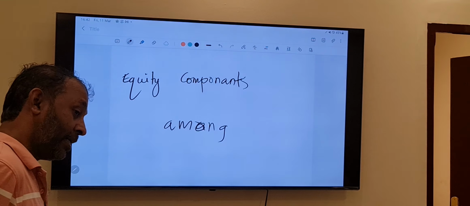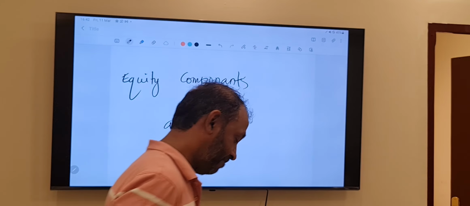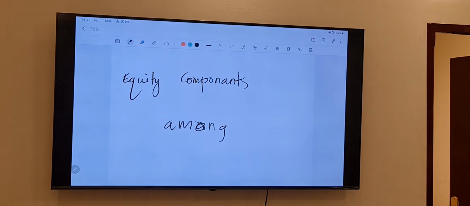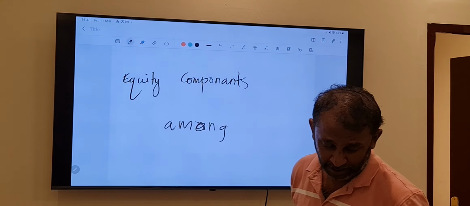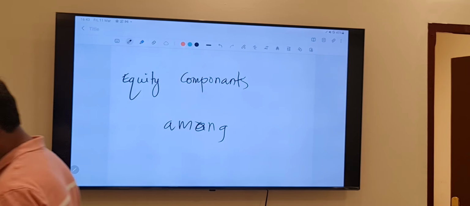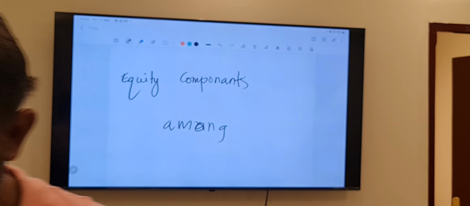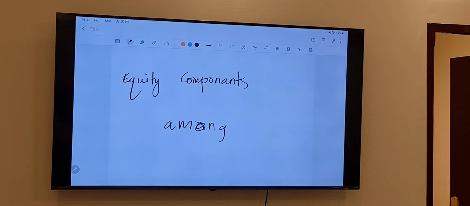The owner's capital will be shown in the statement of changes in equity, SOCIE.